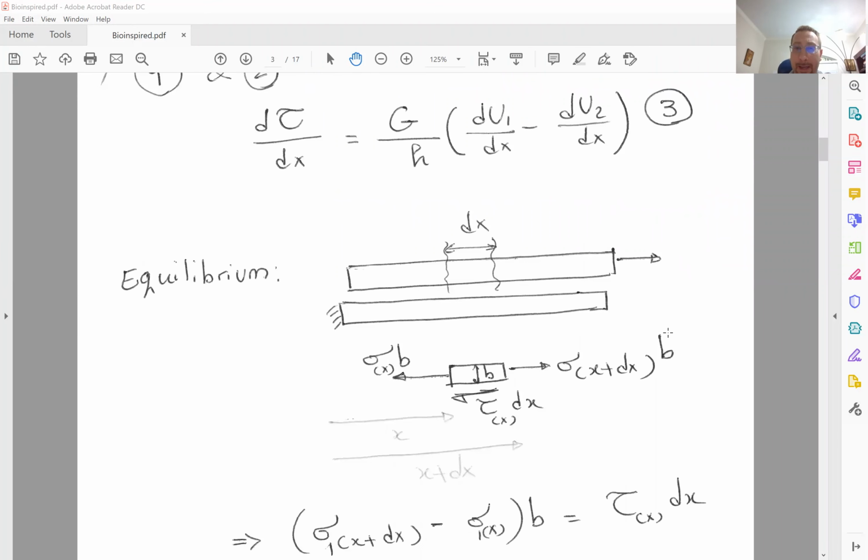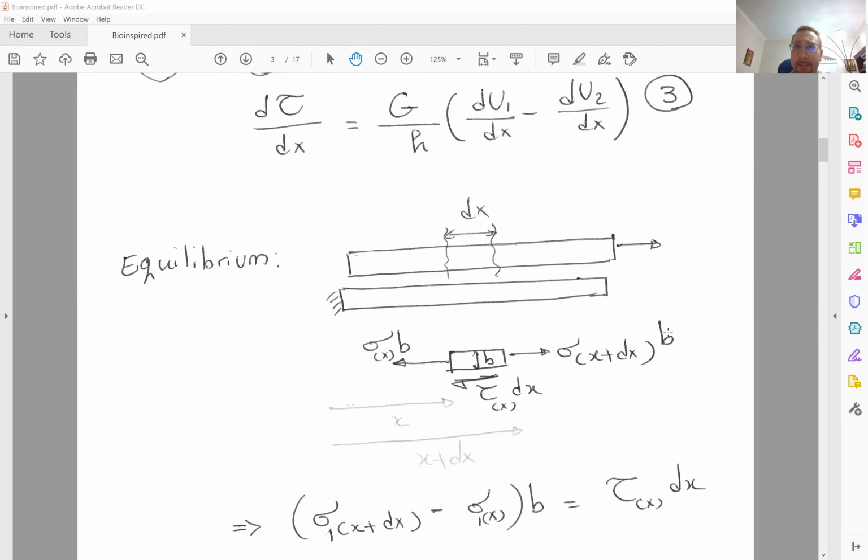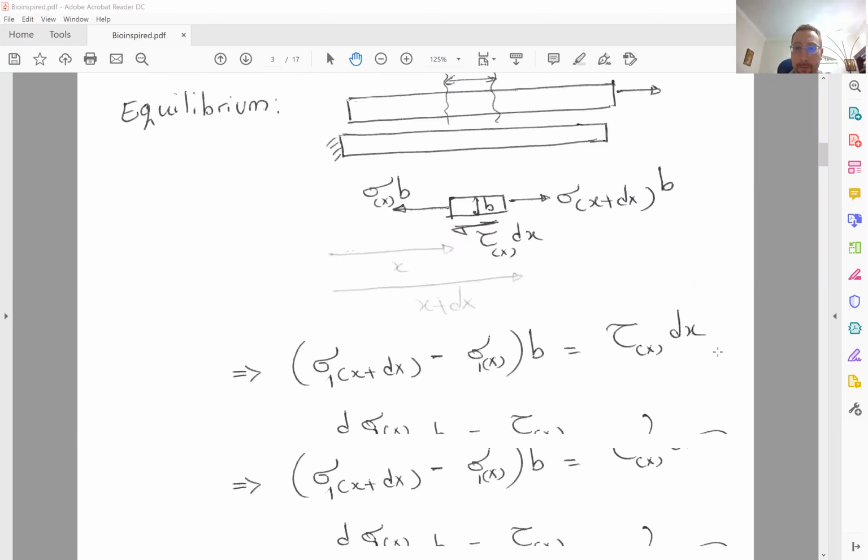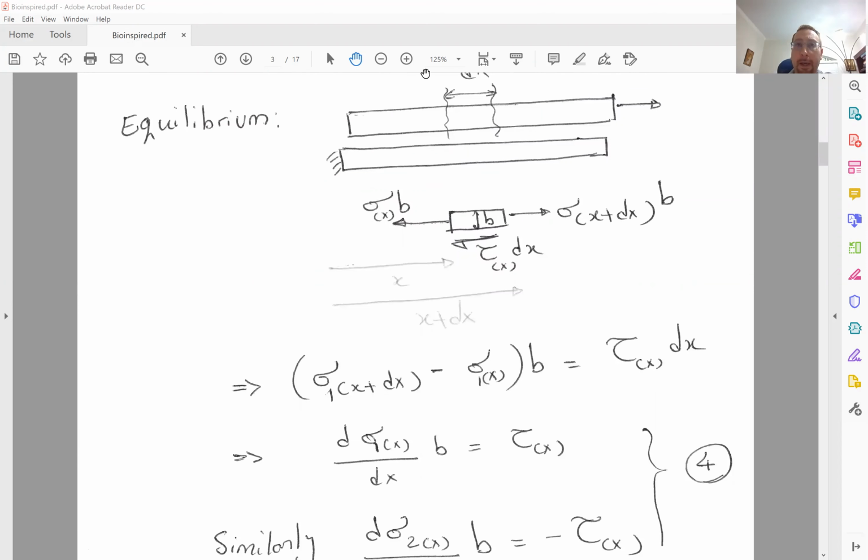Now let's look at the equilibrium equation in the differential form. If I take just a very small section of tablet 1 that has a length of dx, and I assume the stress is defined with function sigma x.